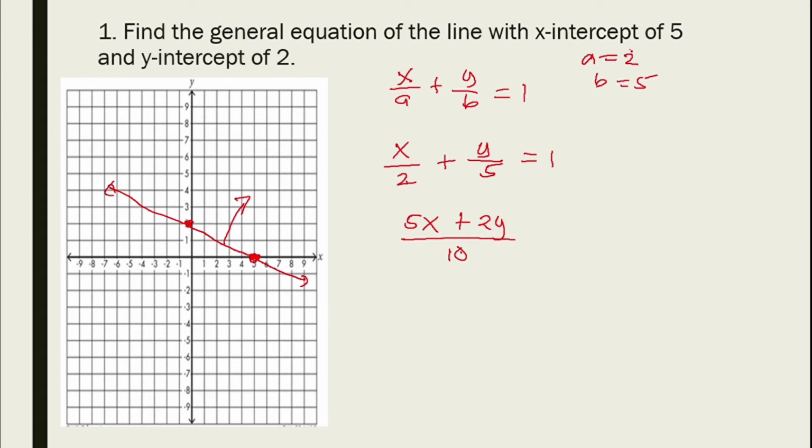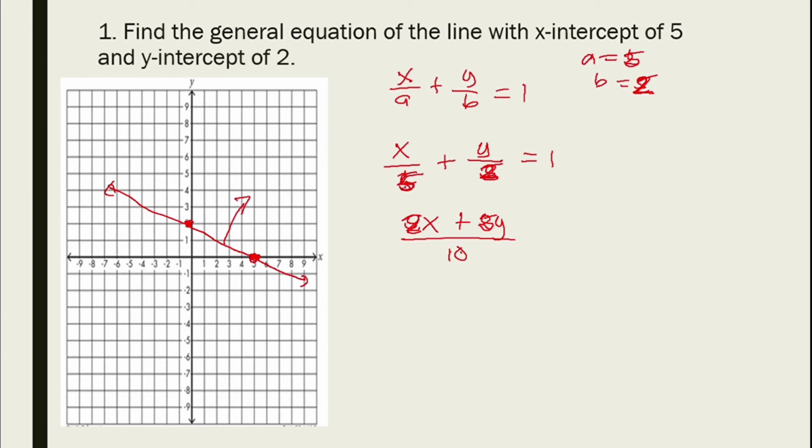Rather, the x-intercept is 5 and the y-intercept is 2 rather. So this is 5 and 2, not 2x and 5y. Again, the x-intercept is 5 and the y-intercept is 2.